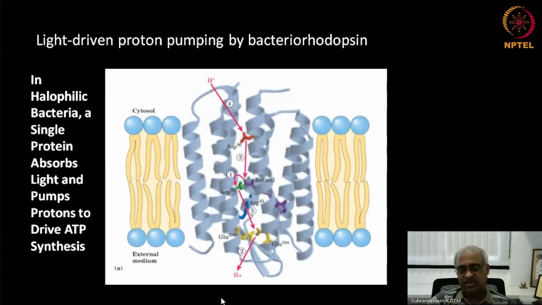A single molecule responding to light and undergoing conformation change pumps proton across, and the proton gradient is used to make ATP. So this is how it supplements the normal oxidative phosphorylation by a means without requiring the oxygen. So under low oxygen condition, this bacteria benefits by this supplemental ATP synthesis.